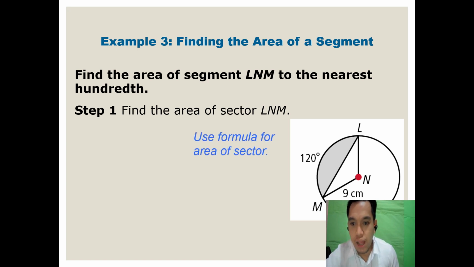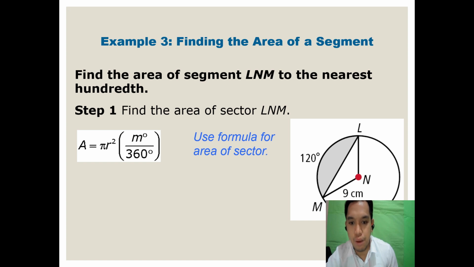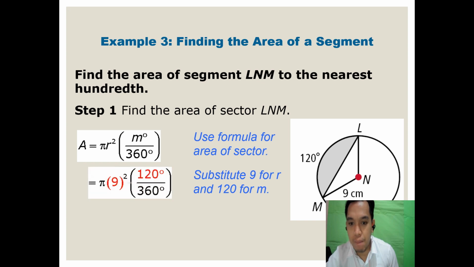So use the formula of area of sector, which is A equals pi r squared times quantity of m degrees over 360 degrees. Substitute 9 for r and 120 for m. So that will become pi times 9 squared times the quantity of 120 degrees over 360 degrees.